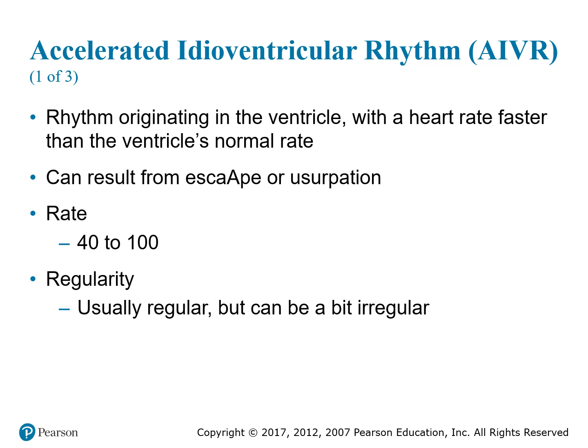AIVR is most commonly seen during the reperfusion phase following an acute myocardial infarction. It is often associated with increased vagal tone. Other causes include electrolyte abnormalities, cardiomyopathy, congenital heart disease, myocarditis, and digitalis toxicity.